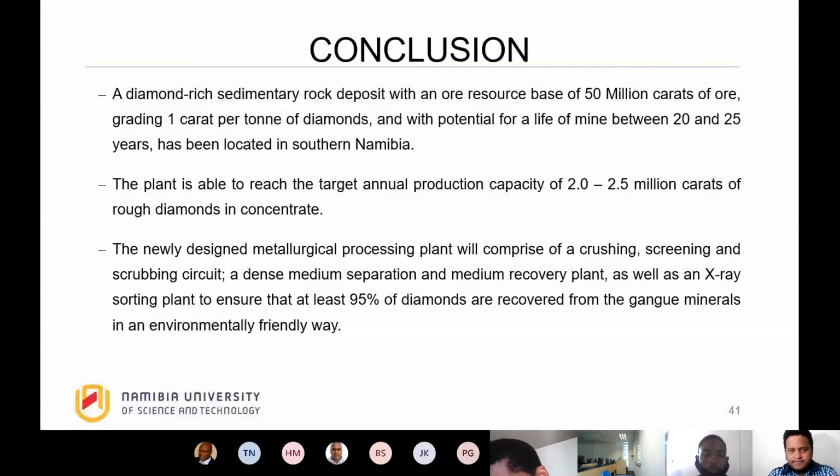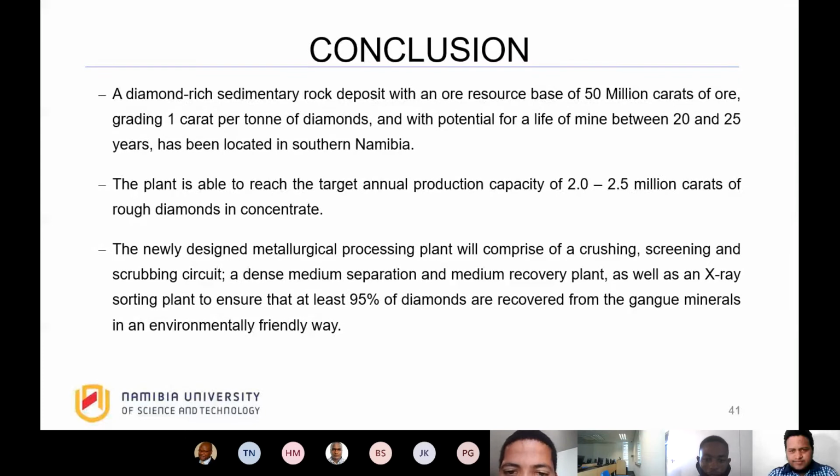As said in the beginning, it's a sedimentary rock, and the ore base is about 50 million carats of ore, grading an average of 1 carat per ton. The life of mine is about 20 to 25 years, and the targeted production of diamonds is about 2 to 2.5 million carats per annum.